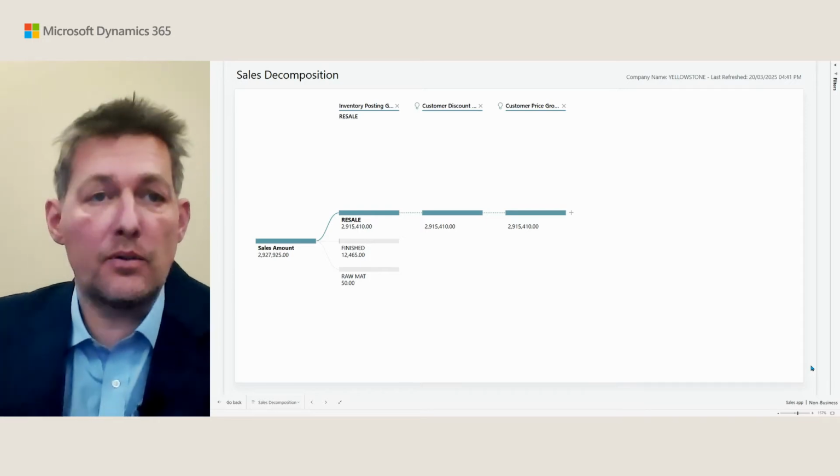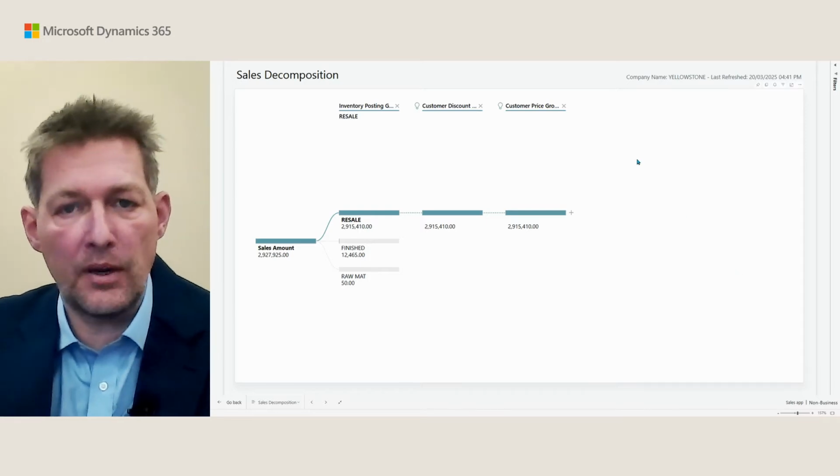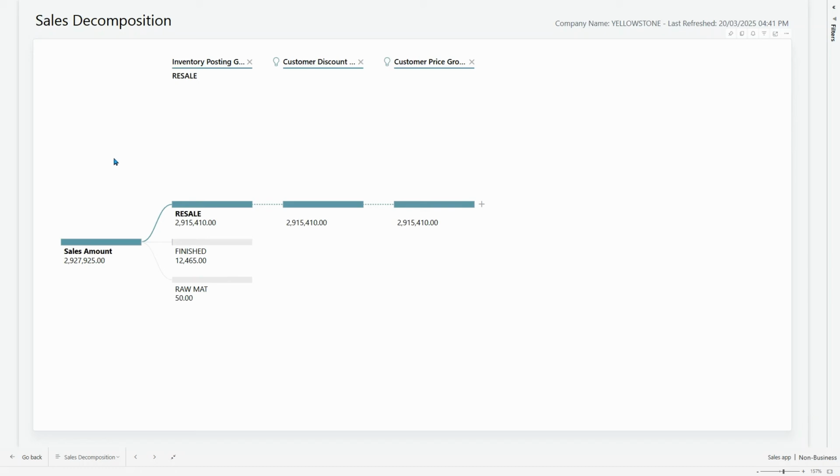So on the sales decomposition report here, you can see a tree structure or an analysis here that starts with a sales amount. And then I have expanded this 3 levels to explain the high contributors to sales. Now, if I choose the next part here, I can either simply choose my own analysis, not AI assisted.